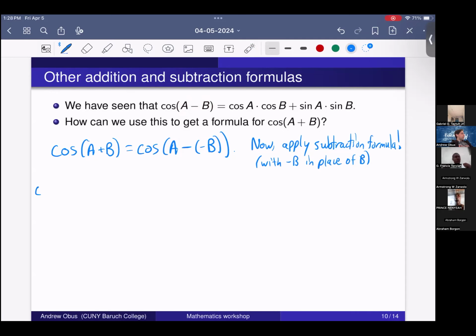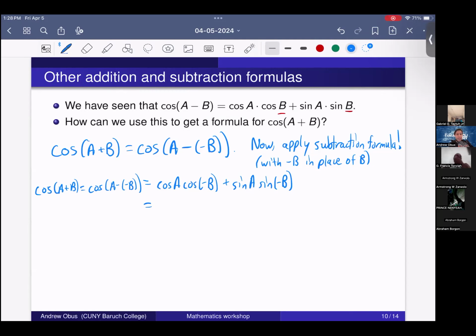Right? So this means that cosine of a plus b is equal to cosine of a minus minus b, which by the formula is cosine of a times cosine of minus b plus sine of a times sine of minus b, right? I'm doing the exact formula, but anytime I see a b, I'm plugging in a minus b instead. Okay? And so now we've got to do our even and odd function stuff, right?